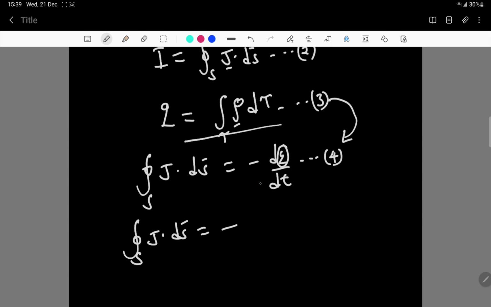So we have minus the volume integral, then partial of the volume charge density partial t times the volume element, and this will give us equation 5.